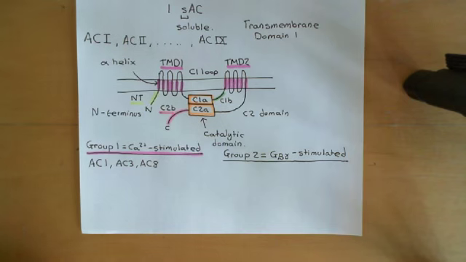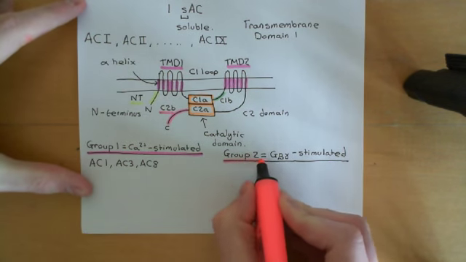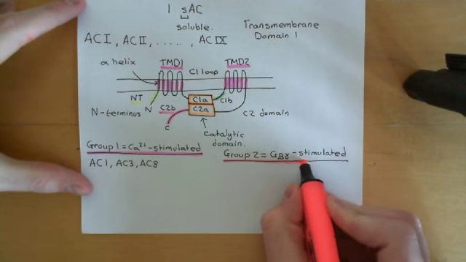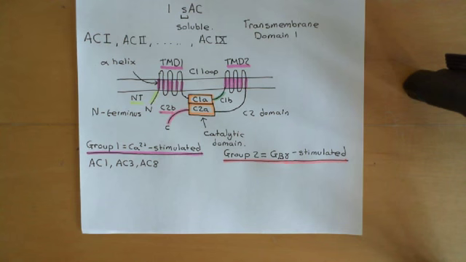Really, what the G-beta-gamma complex is capable of doing is potentiating the activation that Gs gives. So if the adenylyl cyclase has been activated by G-alpha-S, then the G-beta-gamma complex can activate it even more, but alone the G-beta-gamma complex isn't enough to activate these adenylyl cyclases.